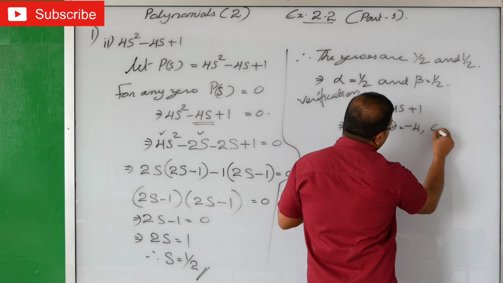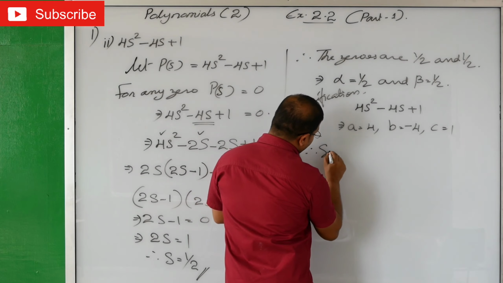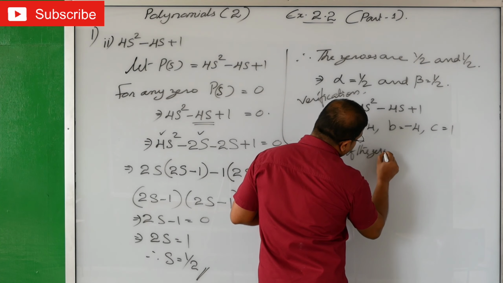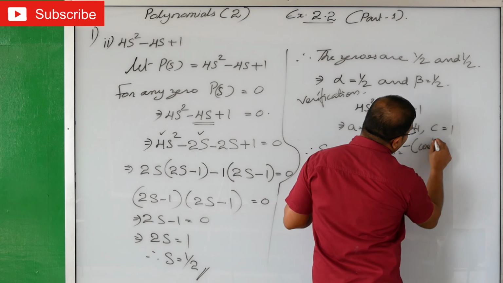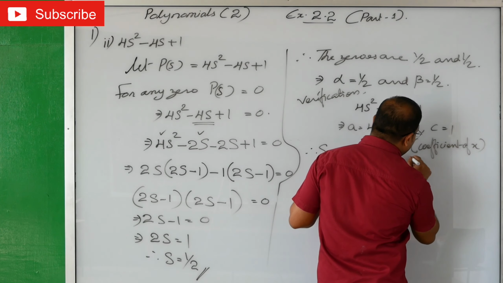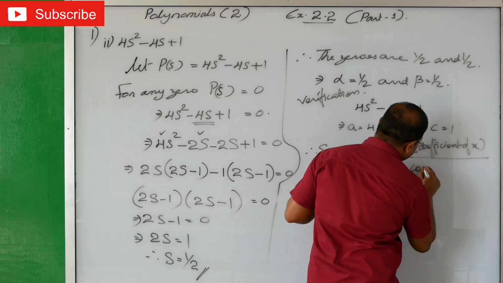What is the value of c? That is 1. Therefore, sum of the zeros equals minus coefficient of x divided by coefficient of x square.